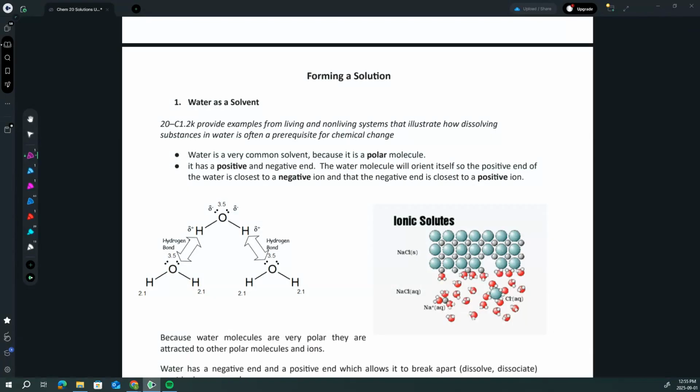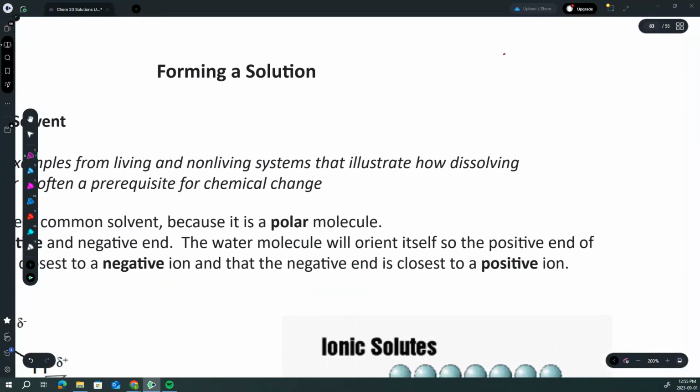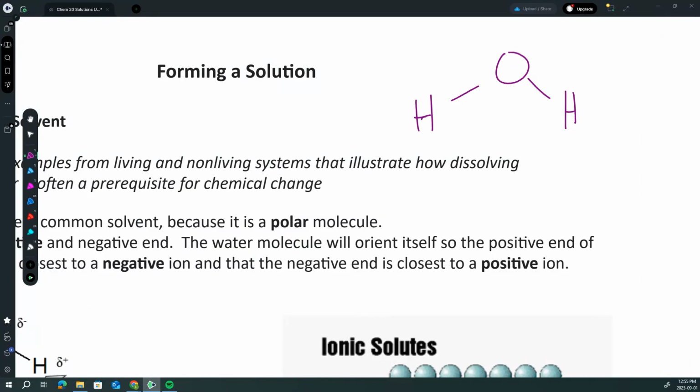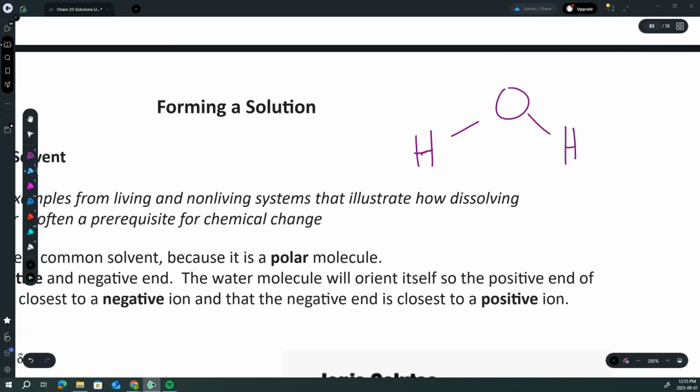Talking about water as a solvent, it's very common, and that's because it is a polar molecule. When we're talking about polar molecules, if I draw a structural diagram of water here, oxygen is more electronegative than hydrogen is.